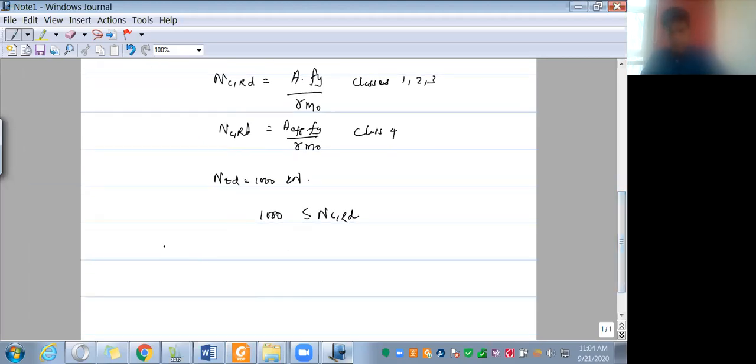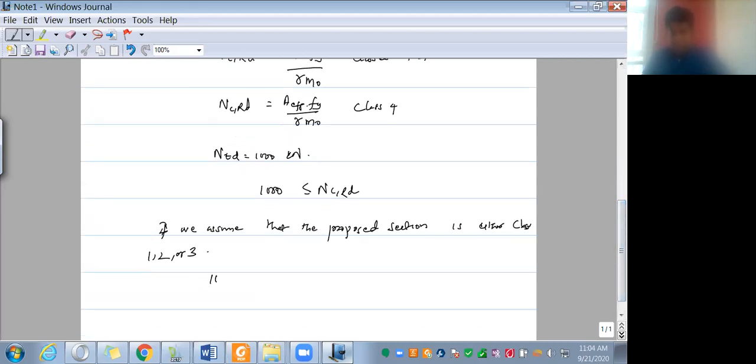And if we assume that the proposed section is either class 1, 2, or 3, then 1000 should be less than or equal to A into Fy over gamma M0. Gamma M0 is 1.